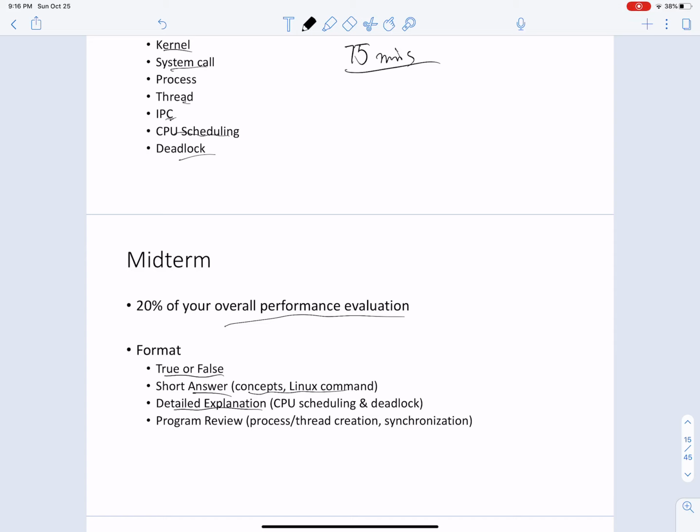The topic here could be either process or thread creation, or process synchronization. If you are not sure about what I'm talking about, go back and check the slides in those lectures.